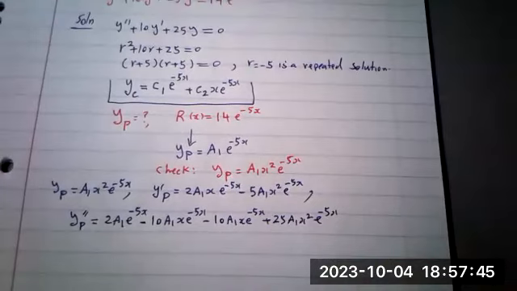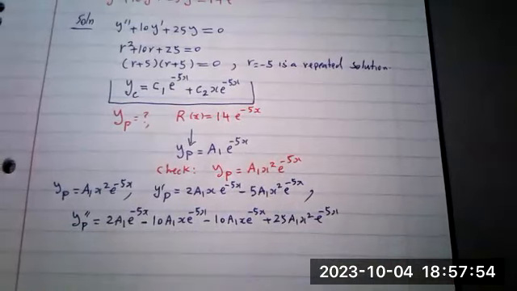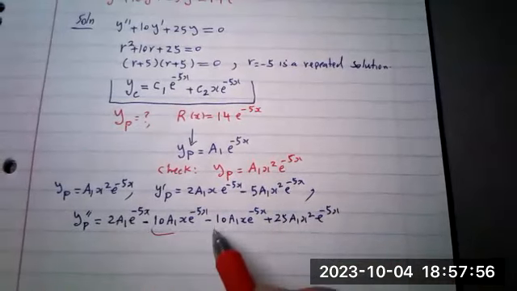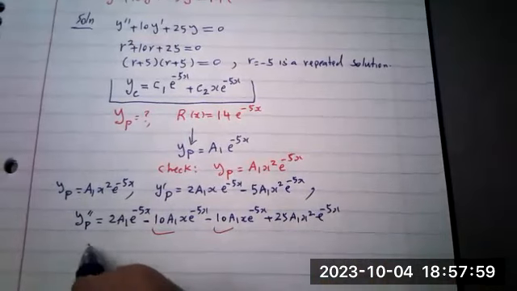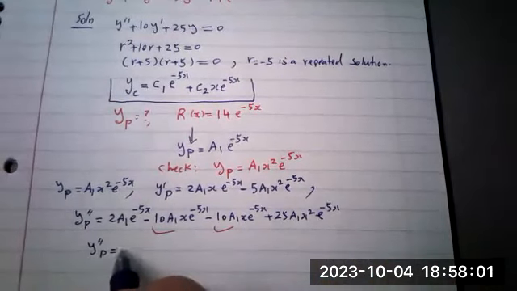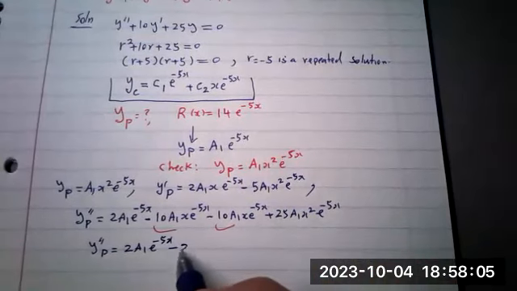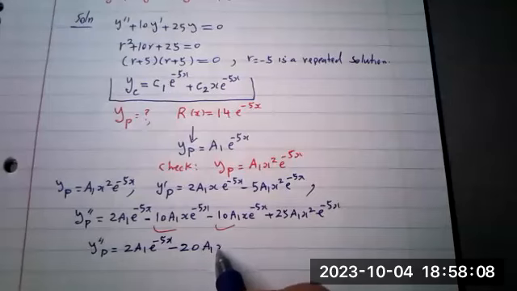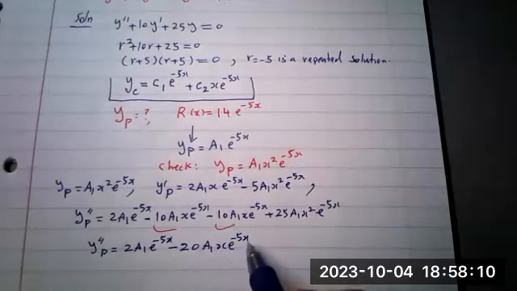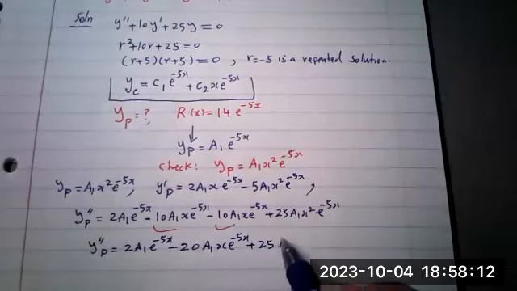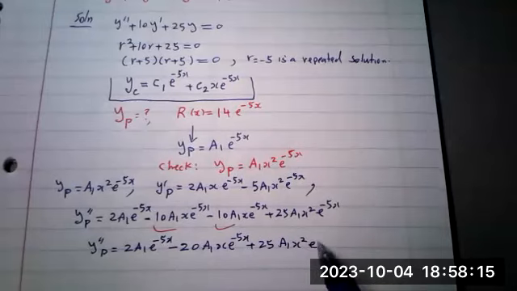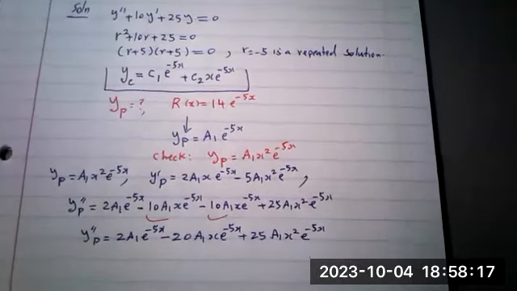So we just check to see if there is anything to simplify. We can simplify these two. So yp double prime would be 2a1 e to the negative 5x minus 20 a1 x e to the negative 5x plus 25 a1 x squared e to the negative 5x.